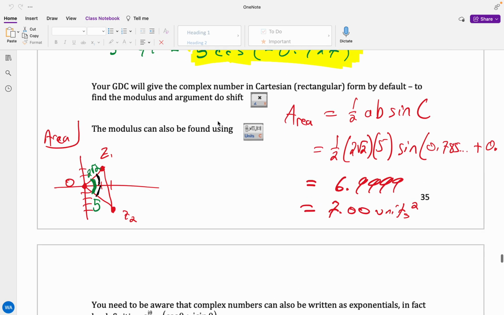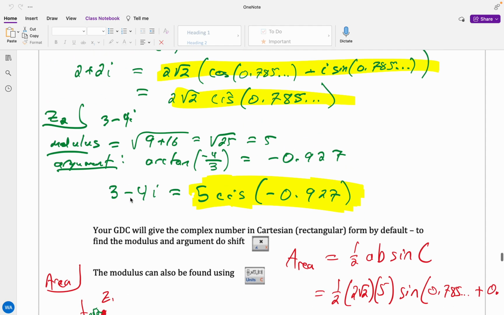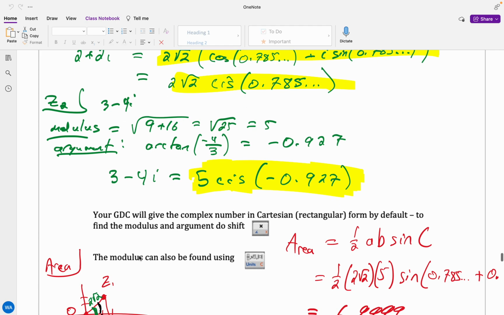And so then another important thing that we figured out is how to use the calculator to do this. So if I put in, for example, this number here, 3 minus 4i, I type 3 minus 4, and then i is shift 2, I believe. I don't have my calculator with me, but shift 2. And then I hit enter. What will happen is the calculator will always, by default, give you the rectangular form.